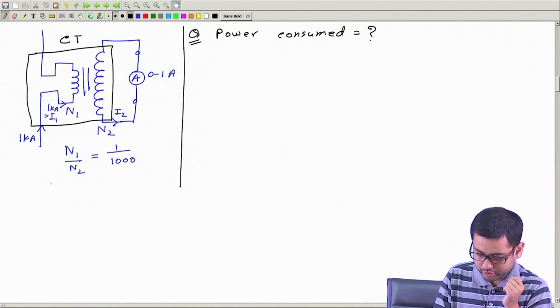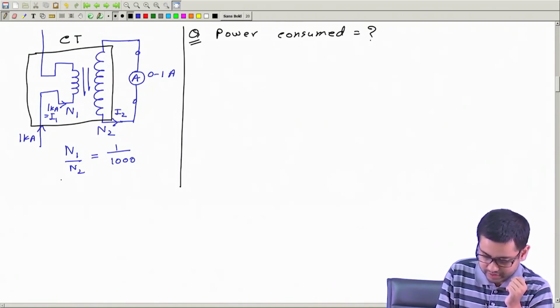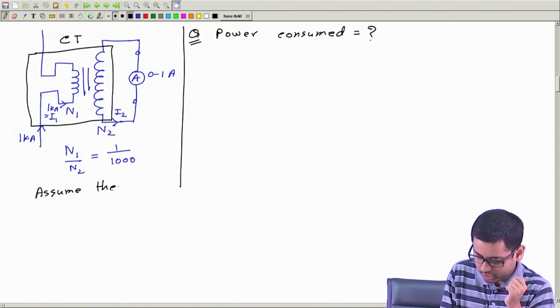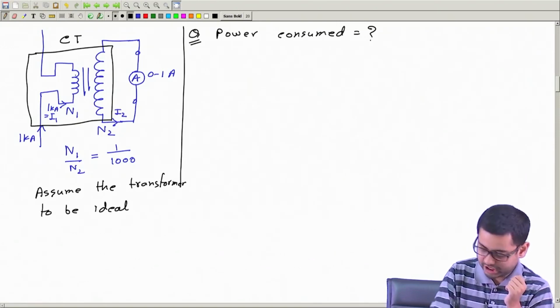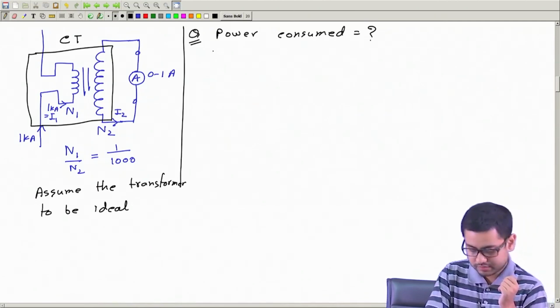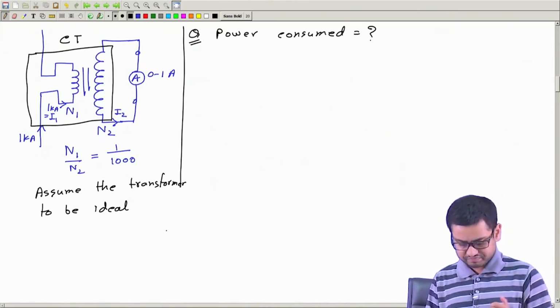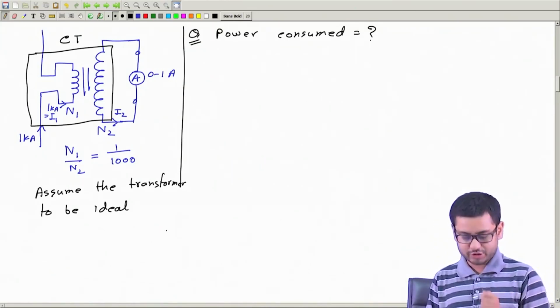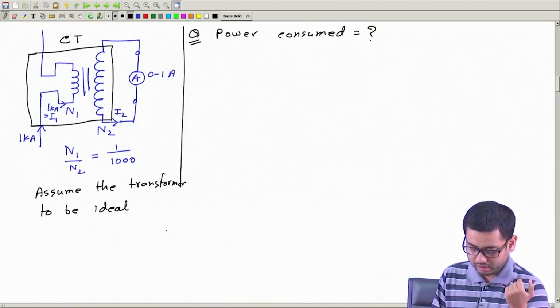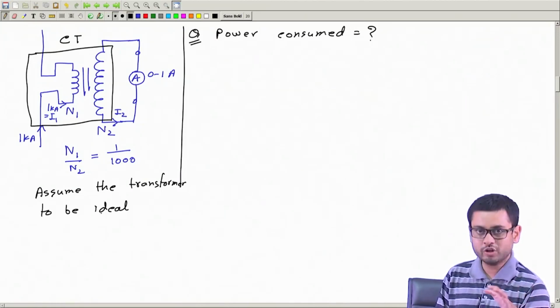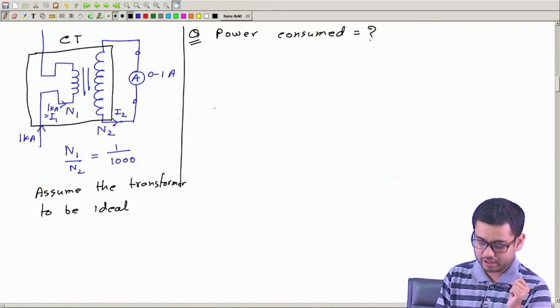Now the power consumed, so this is an ideal transformer. Assume the transformer to be ideal, so there is no loss at all in the transformer. Practically no transformer is ideal, so there will be some loss, but since the transformer loss is generally very low, transformers being highly efficient instruments, we can ignore it to get a rough idea about the power consumed.